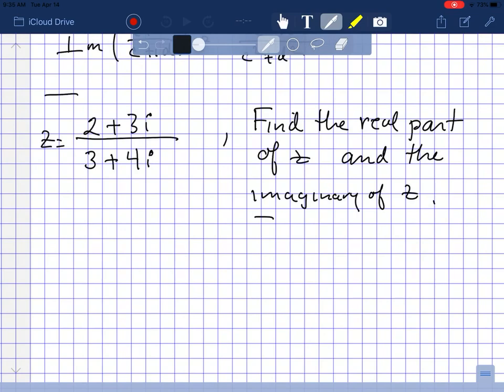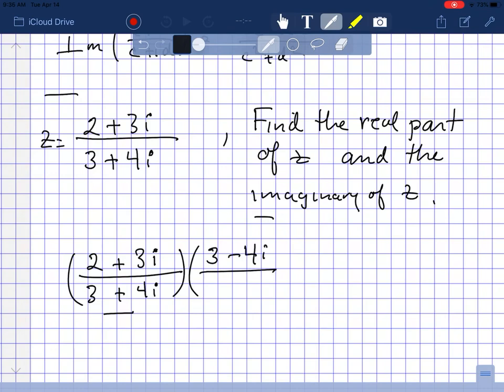So what we're going to do is take 2 plus 3i divided by 3 plus 4i, and multiply it by the conjugate of the denominator divided by the conjugate of the denominator. So it's going to be 3 minus 4i divided by 3 minus 4i. So I'm not changing anything. I'm just multiplying my complex number z by 1.